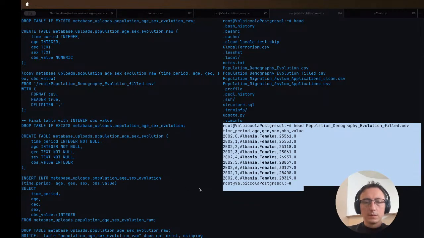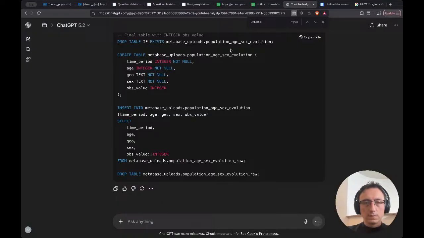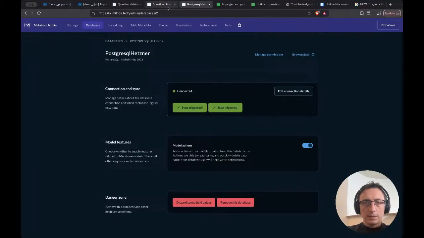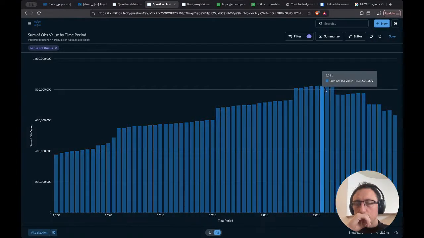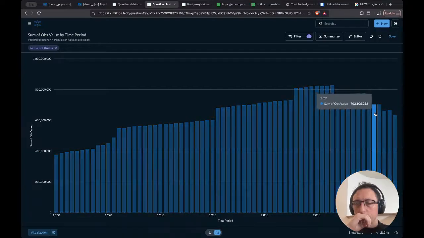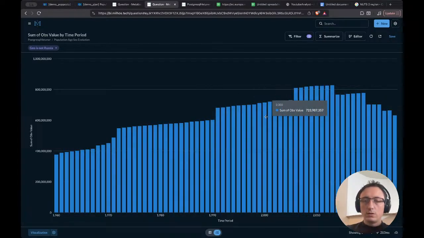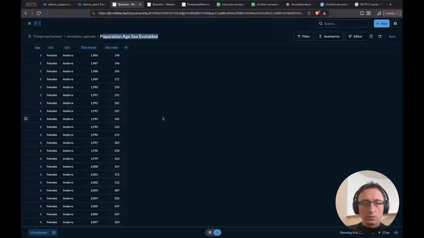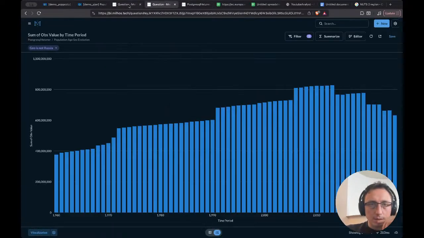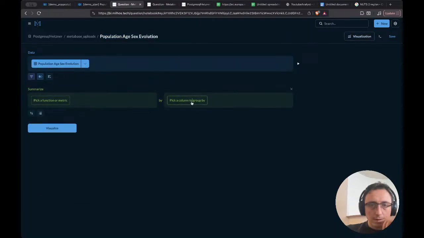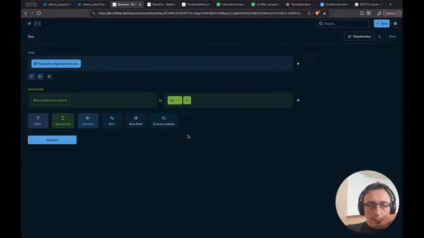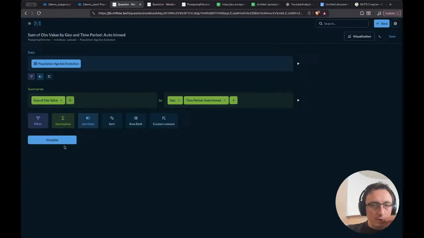Okay, let's go back to Metabase. Okay, this makes much more sense. We need to understand what's going on with the jump, but so far I'm happy with what I'm seeing. Summarize sex, geo, time period, sum of ops value.